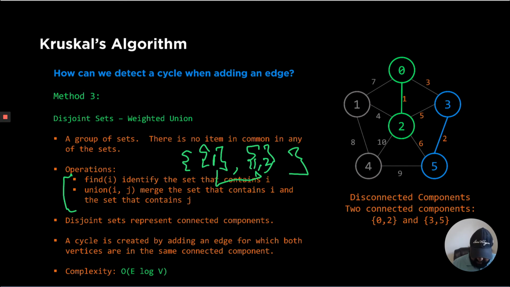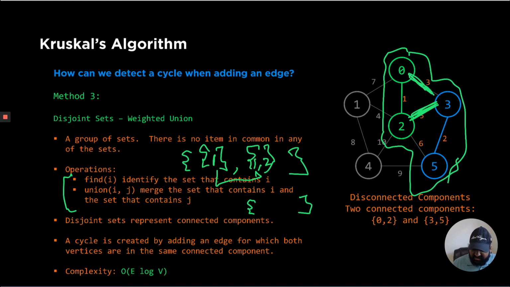Another thing is a cycle is created by adding an edge for which both vertices are in the same connected component. So if we have components like 0 and 2, and 3 and 5, and we add 2 and 3, we can just merge these sets into one set. But now, if we try to add 0 and 3, since 0, 2, 3, 5 are in the same set, it will say that it's a cycle.